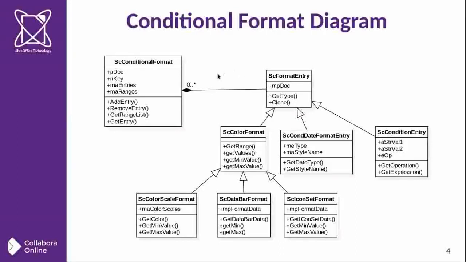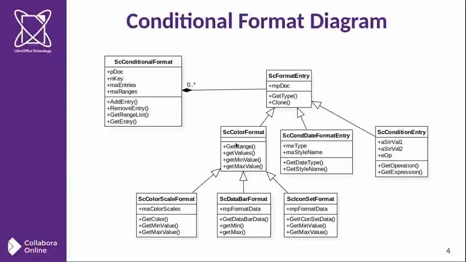Here is the main data structure relationship in the LibreOffice core. You can see the class ConditionalFormat is a list of entries, with each entry being the base class, and all the subclasses you can check: the color scale, the date, and the conditional entry.